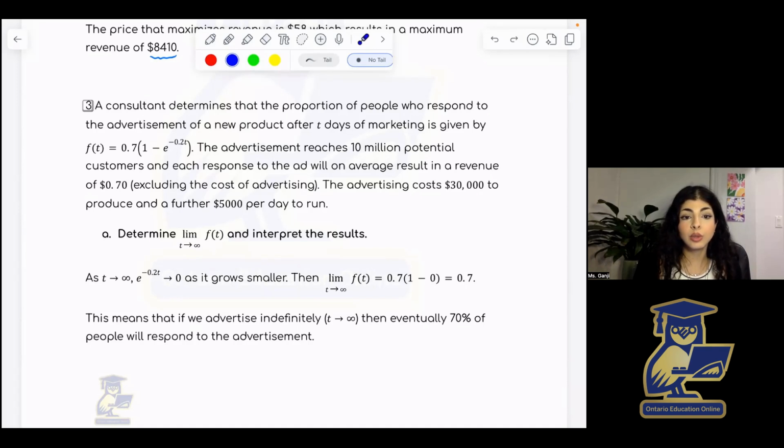This excludes the cost of advertising. The advertising cost itself is $30,000 to produce and a further $5,000 per day to run. So we have a lot of different quantities here, and we have to analyze our word problem in order to produce the function that we actually need.